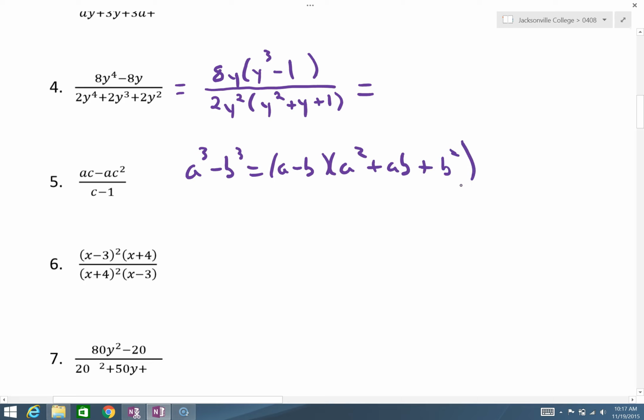So we need to first identify our a and b. Well, this is pretty easy. It's just y and 1. So y is my a and 1 is my b. That's the cube root of both of those terms. So, up top, 8y. A minus b is y minus 1.